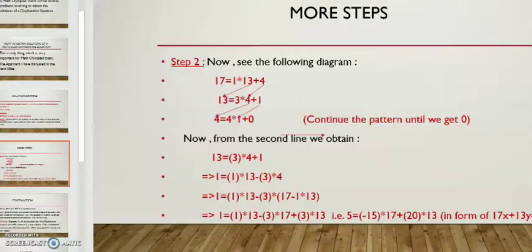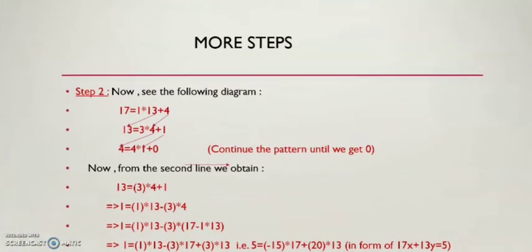What we have done is written that division in this way: 17 equal to 1 into 13 plus 4. We divided 17 by 13, and after that we represented the division in that way: 17 equal to 1 into 13 plus 4.